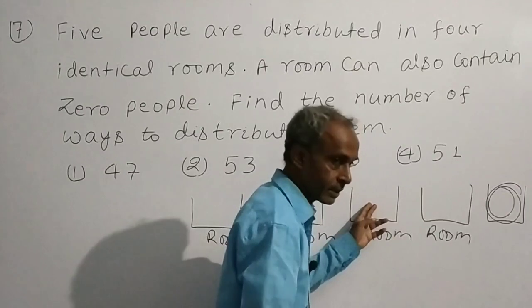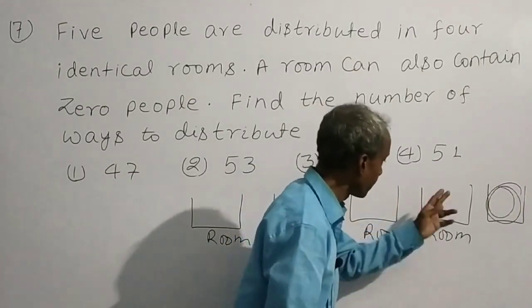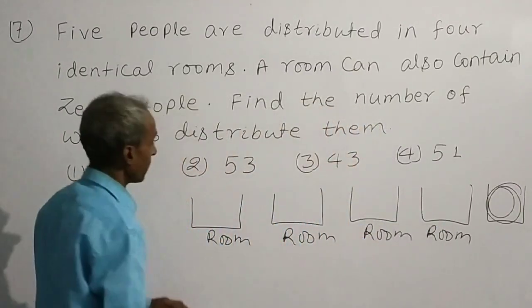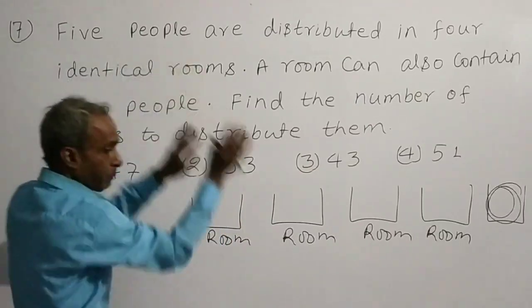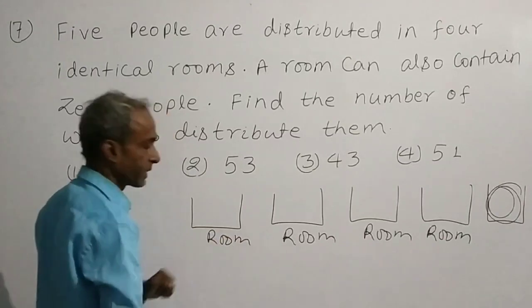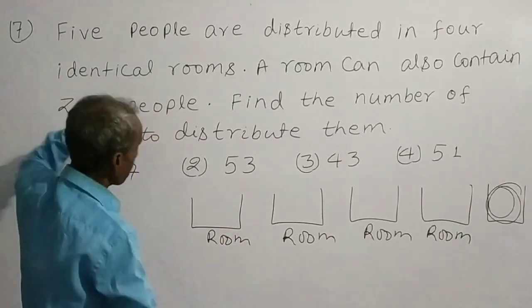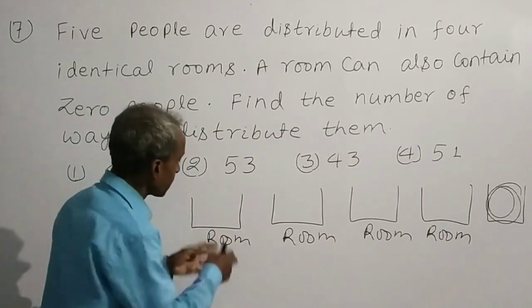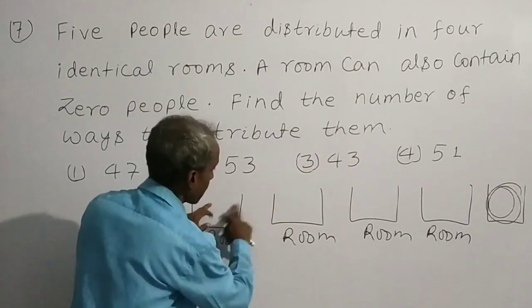Suppose this contains 0 persons, and this contains 0 persons. Then all the 5 people will be distributed in these 2 rooms. This will be the situation that 5 different things are distributed in 2 identical boxes.